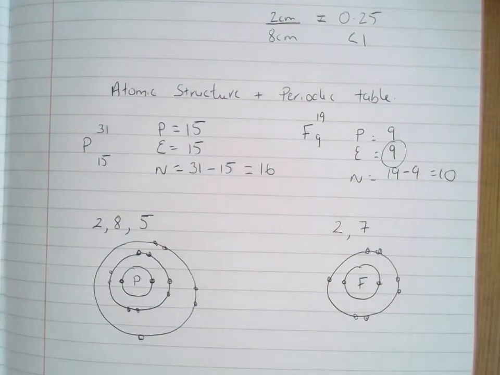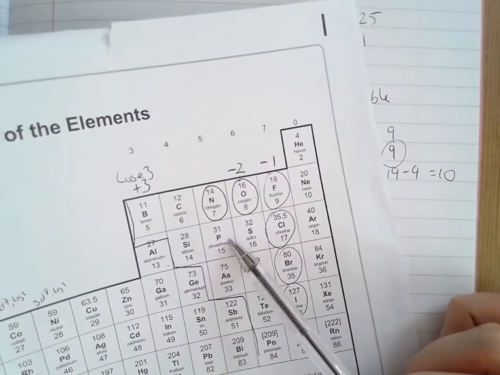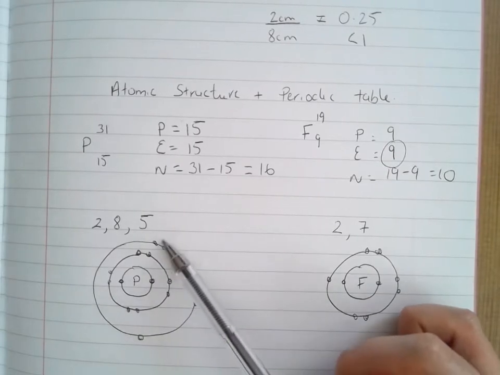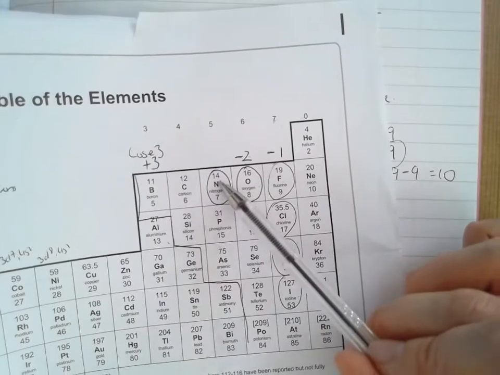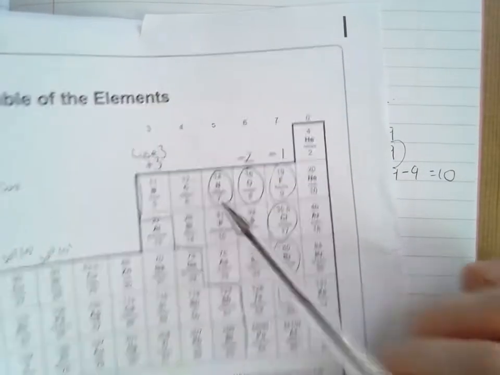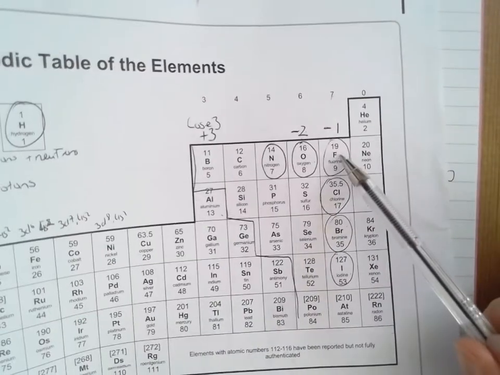Now, if I look at my periodic table, I will see that phosphorus is in group 5. When I draw out phosphorus, I see it has 5 electrons in its outer shell. That's true for every element in group 5. If it's in group 5 and you draw it out, you will see it has 5 electrons in the outer shell. Fluorine is here in group 7.